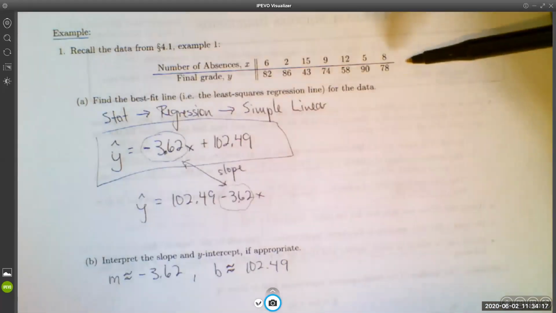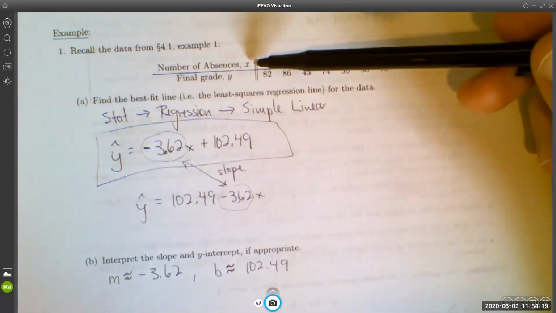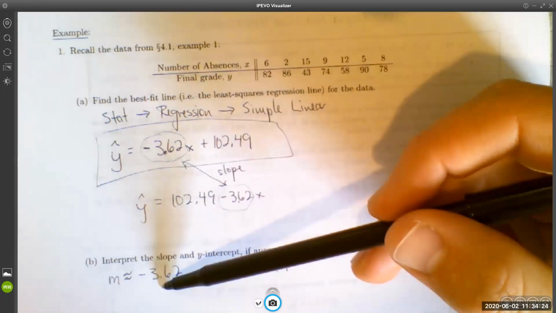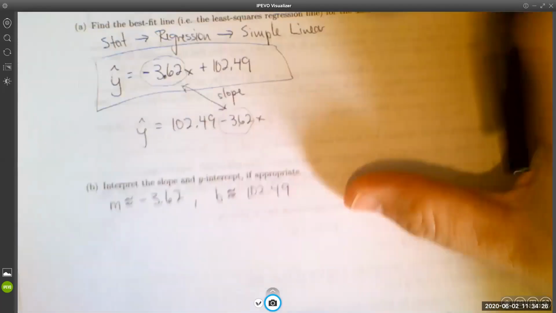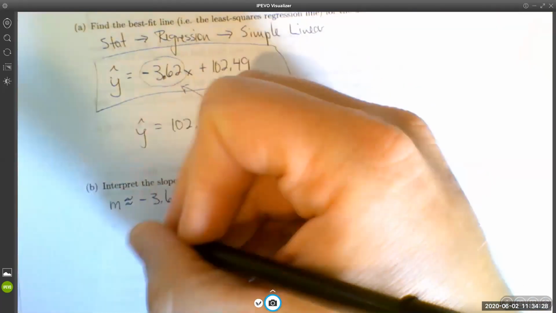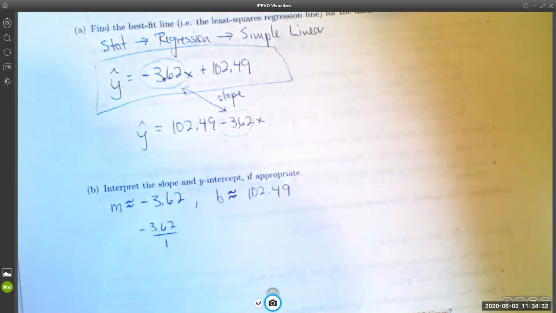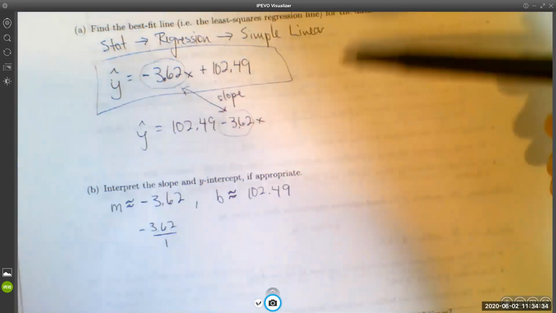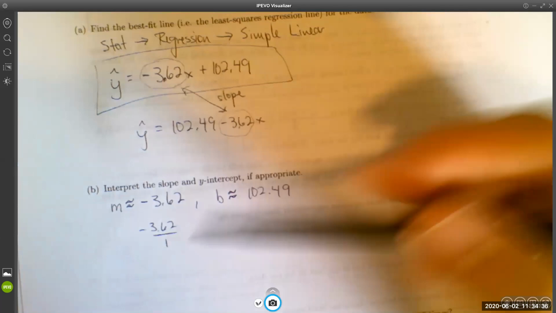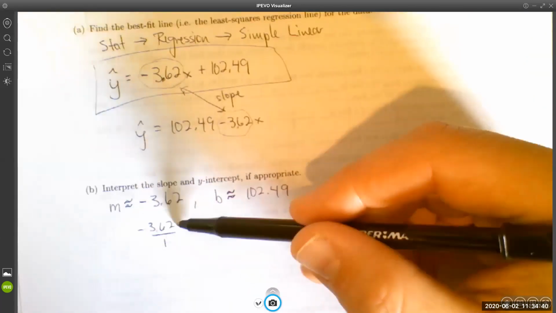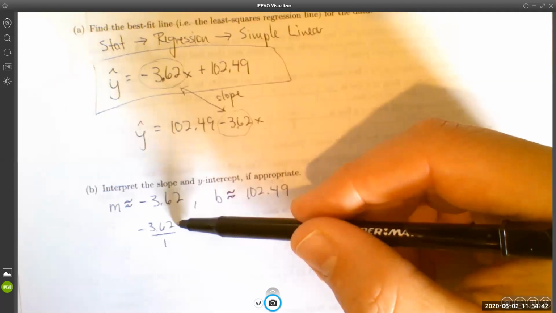Now, how do we interpret this? Looking at the scenario, we were comparing number of absences to final grade, and we're getting a slope of negative 3.62. You can think of that as negative 3.62 over 1. So, in other words, for every increase in absences, there's a decrease in your grade of 3.62%.